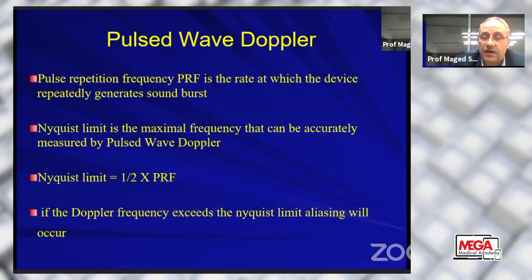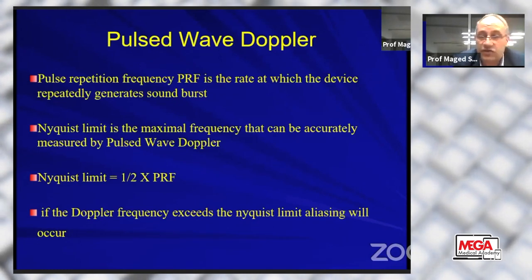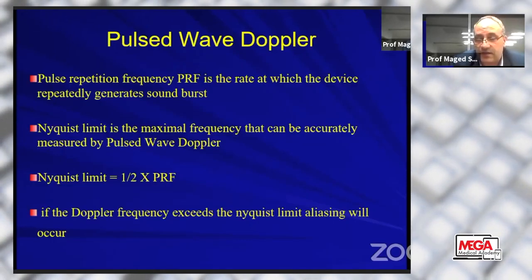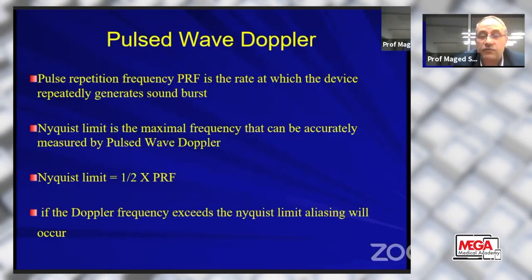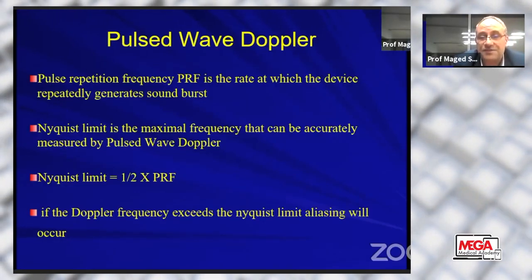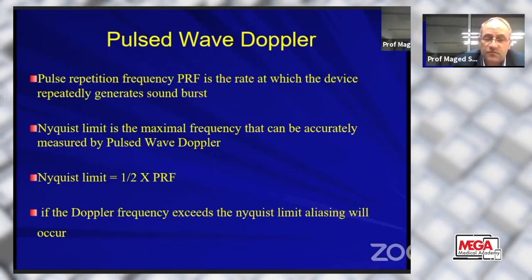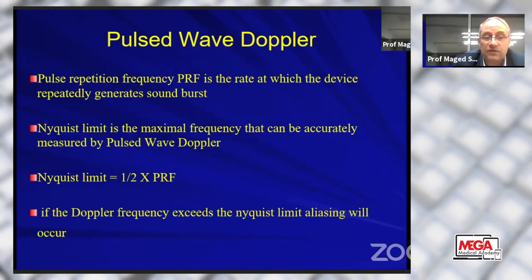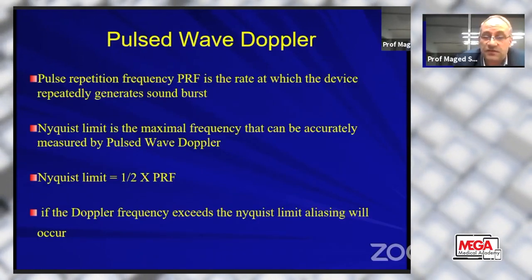So we have ultrasound that goes to a specific location, and the transducer waits until the reflected ultrasound returns and analyzes the frequency shift to detect the velocity of blood at this specific location of the heart or blood vessels. What will happen if the Doppler frequency exceeds the Nyquist limit?